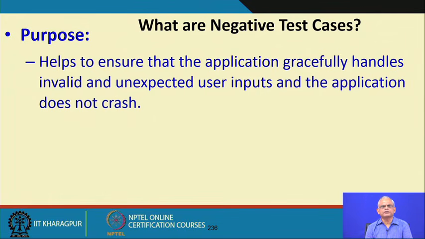So, the aim of the negative test case is to give some input which is not really the correct input to be given as per the SRS document. These are wrong inputs, but just to check that the system behaves acceptably and does not crash.